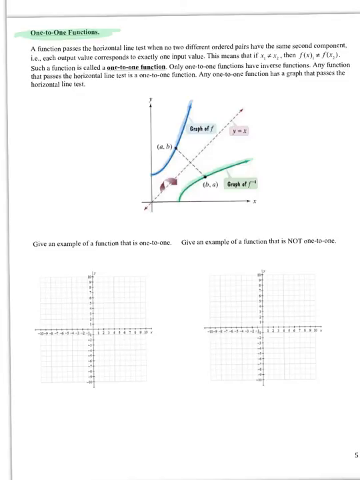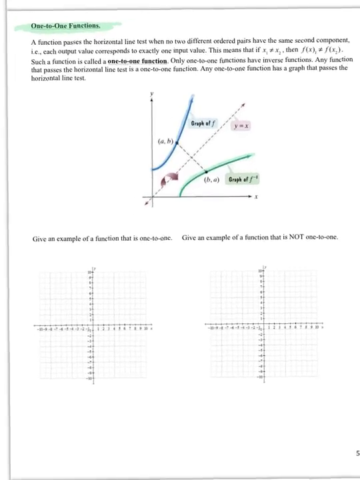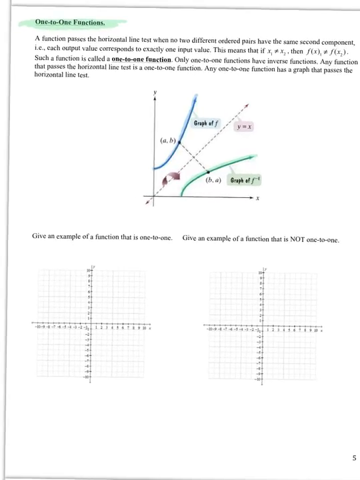So we can use those same two examples as we did previously. For a function that is one-to-one, we can have y equals x cubed. Again, it passes the vertical and the horizontal line test. And we can give an example of a function that's not one-to-one.